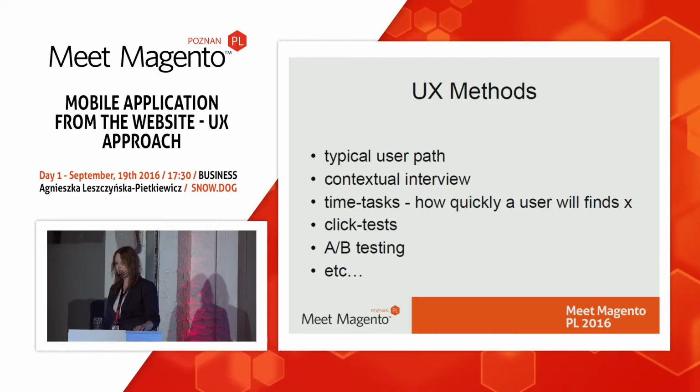Also timed tasks, how quickly a user will find something. You just, for example, show him your website and say, just find this and that, and you count how many minutes it takes to find something. If it takes too much, it means it is in the wrong place. Also click tests, A/B testing, which is pretty popular, and you can do it everywhere.